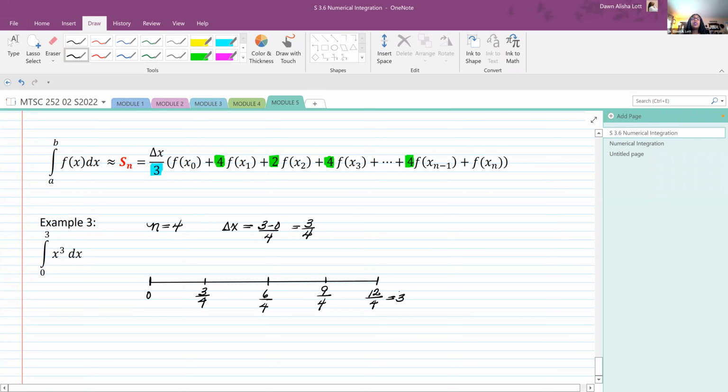Okay, so again, we're going to use our endpoints to help us get the solution that we need.